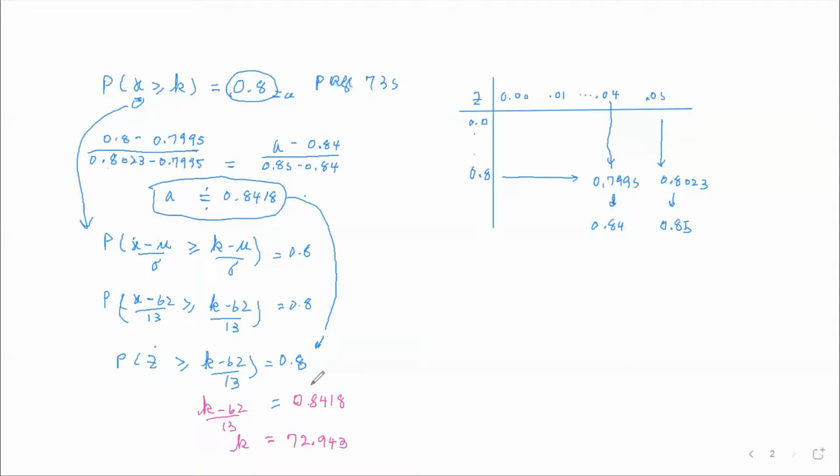But then you observe from the last one, if we work from the P, go back to this one, from the last one we get P(X less than K) equal to 0.2, remember, 20%.